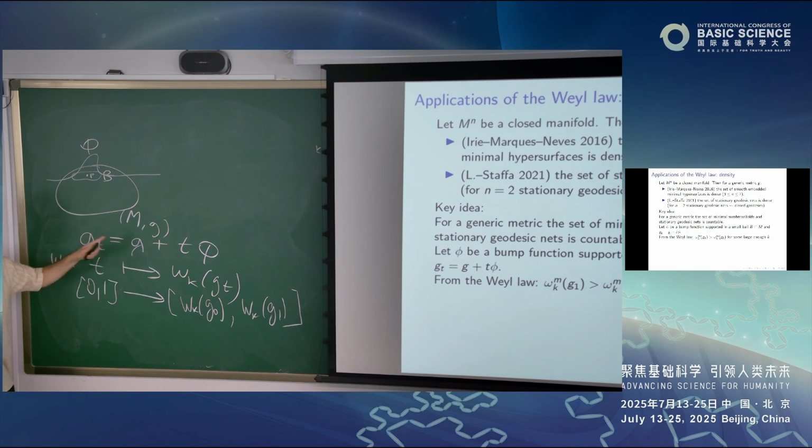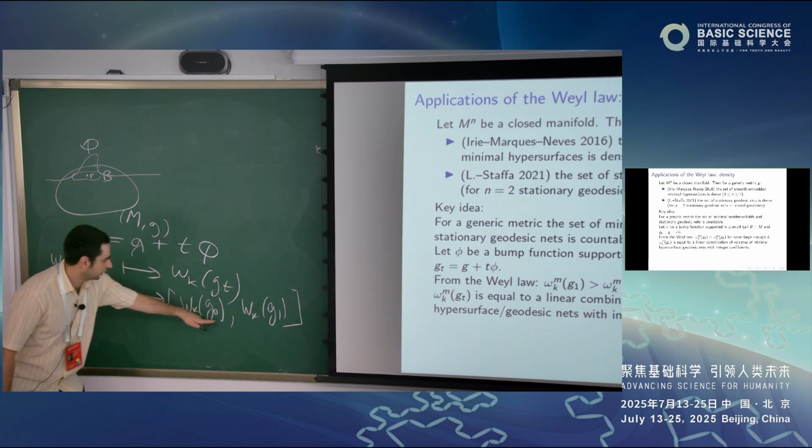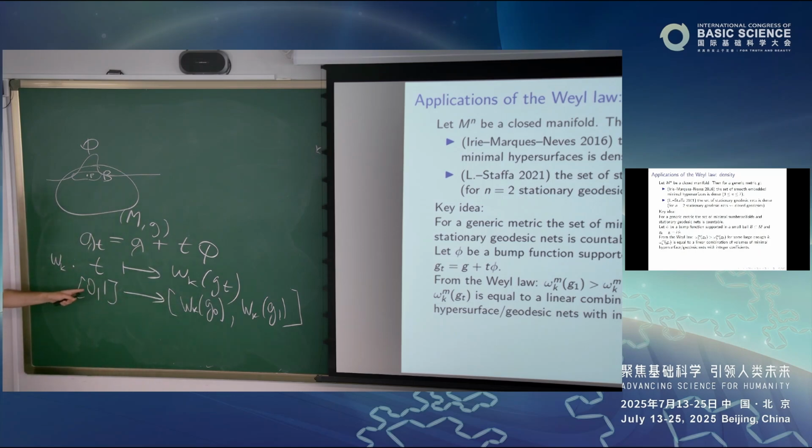So we're changing the metric, but we are not changing the minimal hypersurfaces because in the neighborhood, nothing passes through this ball. That means that this map is sending the interval [0,1] into here, but all of the values of this map are contained inside linear combinations of volumes of a countable set of things.